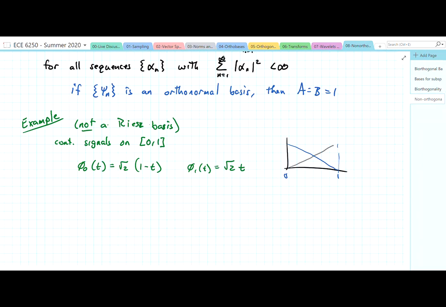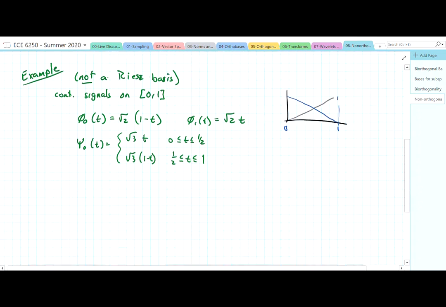Then we can define psi 0 of t to be a hat function. So that would look like square root of 3 t, for 0 less than t less than or equal to 1/2, and square root of 3 times (1 minus t) for 1/2 up to 1.